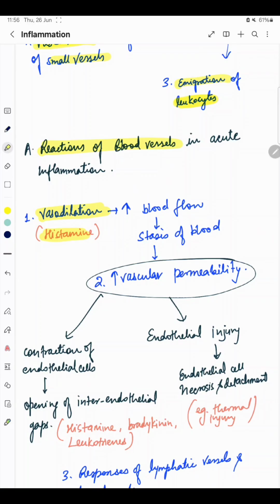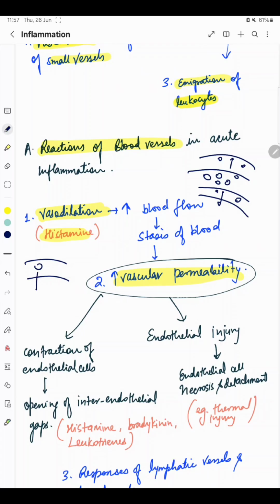Due to vasodilation, there is increased blood flow or stasis of blood. The second reaction of blood vessels is increased vascular permeability.